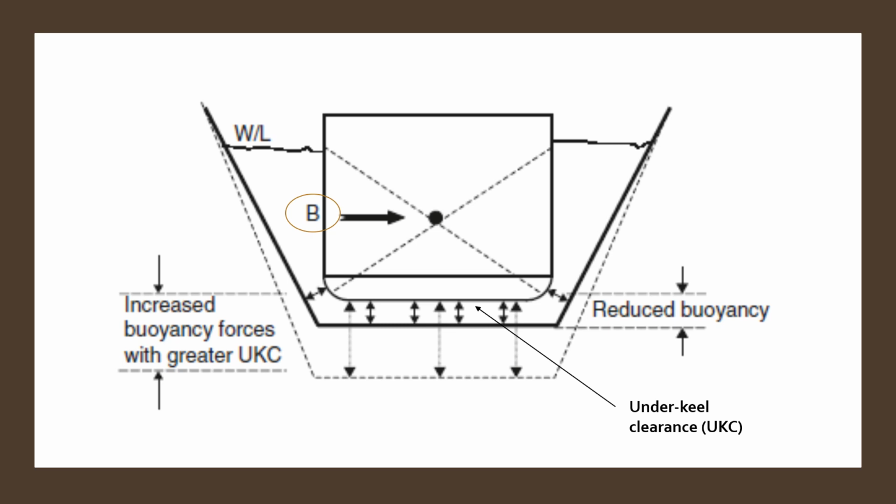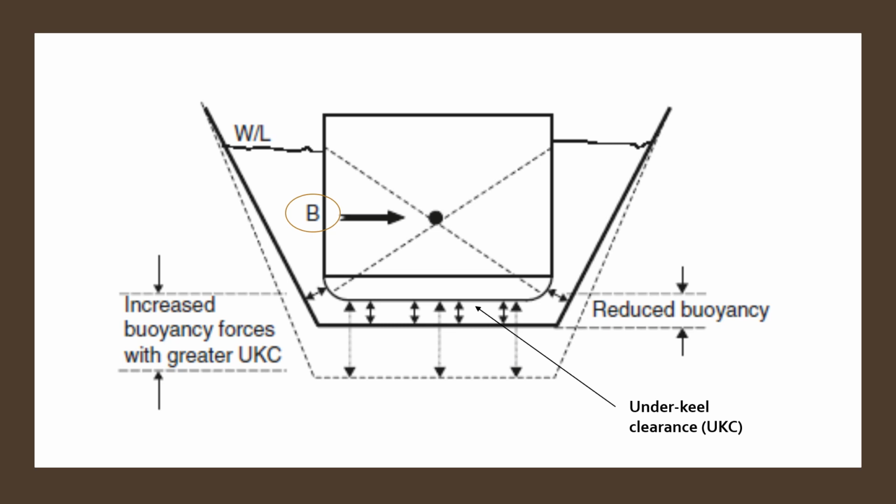So when I told you that the blockage factor is caused by the volume of the ship's hull, we are talking about the underwater volume, the volume of the vessel which is submerged in the water. That is the volume I'm talking about, right? And you can see that the center of buoyancy here is denoted by the letter B, and normally it is the geometric center of the underwater volume.